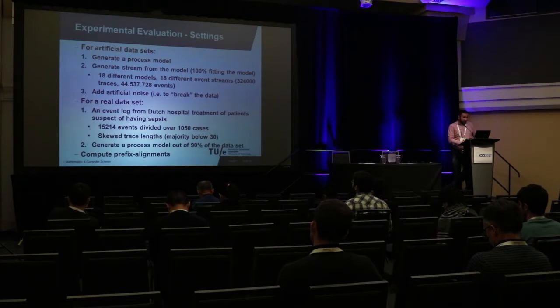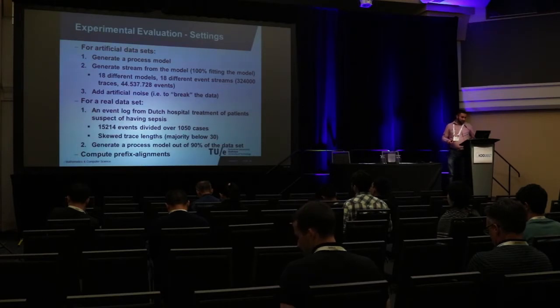In the real data set, we had an event log from Dutch hospital treatment of patients suspected of having sepsis, and we had around 15,000 events divided over a little bit more than 10,000 cases, so 10,000 patients. The trace lengths are skewed, but the majority are below 3 activities. Then we generated a process model.